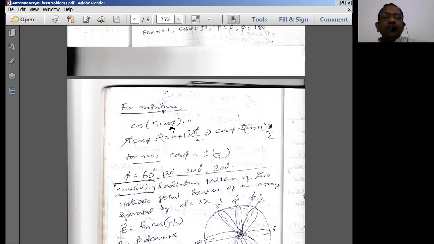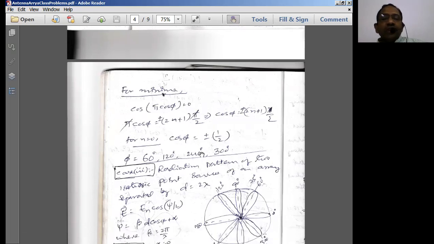So the condition is the same as the previous one: pi cos phi is equal to plus minus (2n plus 1) pi by 2. This pi will get cancelled, and finally we are left with cos phi is equal to plus minus (2n plus 1) by 2. So for n is equal to 0, we get 60 degrees and 120 degrees.